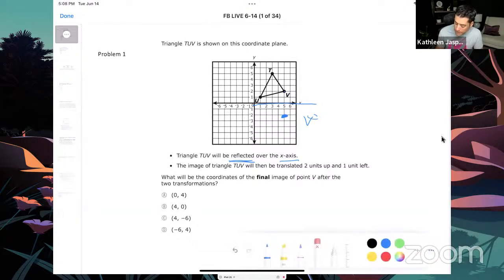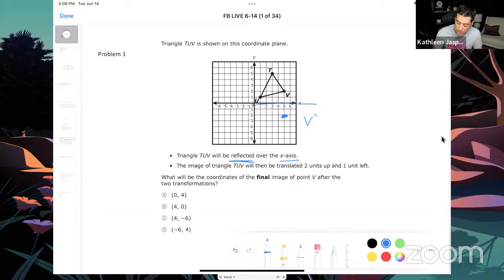It's really what happens to that point after it's made its first transformation. So we reflect it over the x-axis. You can do it with the whole shape, and I don't know why you'd want to, because you're only focused on V. Don't jump in and say, oh, I've got to reflect this whole thing. If they're only asking for V, just use point V and that's it.